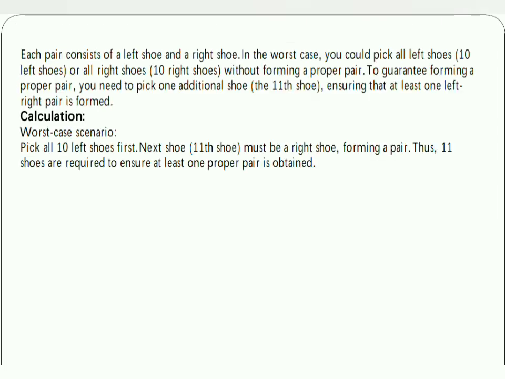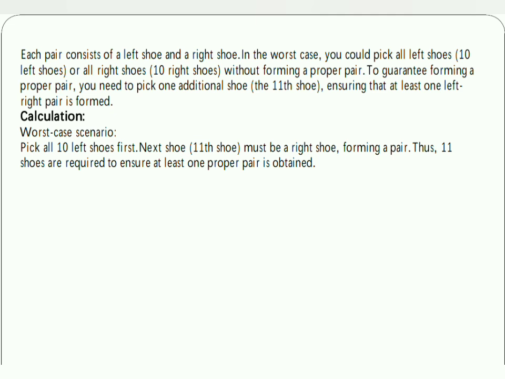Each pair consists of a left shoe and a right shoe. In the worst case, you could pick up all the left shoes, that is 10 left shoes, or all 10 right shoes. In total we have 20 shoes, 10 left and 10 right. A pair is formed by one left and one right shoe.